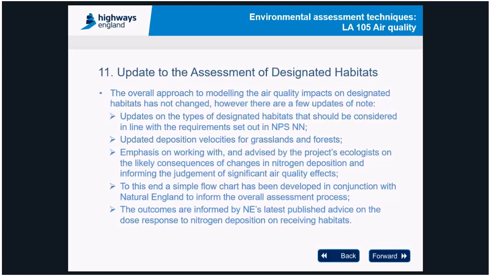And working through a process that says, when I look at the levels of nitrogen deposition at the end of this process, I share that information in the round with my scheme ecologist, taking a view, obviously, of Natural England's published work on the dose response to nitrogen impacts to receiving habitats. It is then coming to a balanced judgment, and using that received advice from the ecologist to inform the overall judgment of significance for air quality.